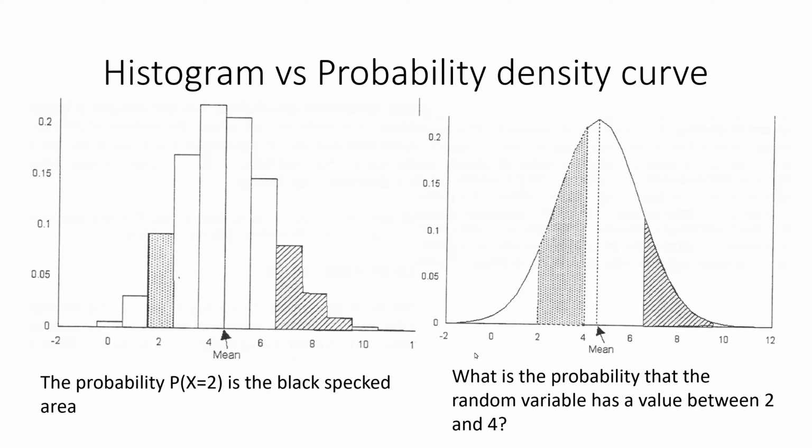Or another example: here, this shaded region represents the probability that x equals 7 or 8 or 9. In the case of continuous random variables, we are going to ask what's the probability that x is between 7 and 9, including the endpoints.